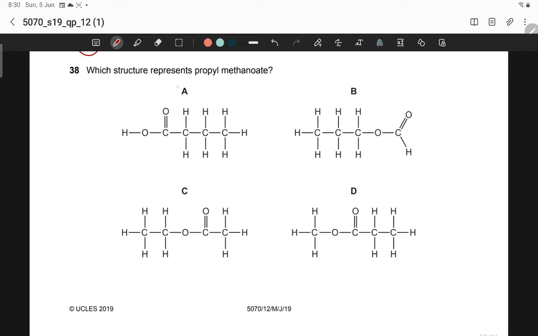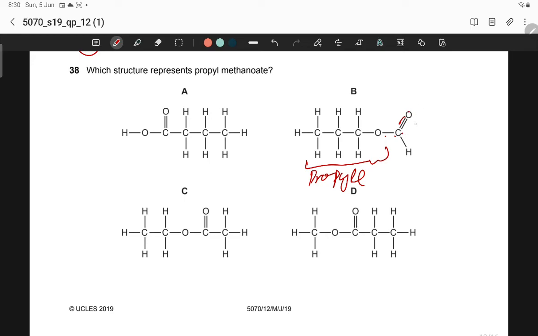Which structure represents propyl methanoate? Propyl, methanoate. 1, 2, 3. This is propyl, and C, this is incorrect. C double bond O, propyl methanoate.